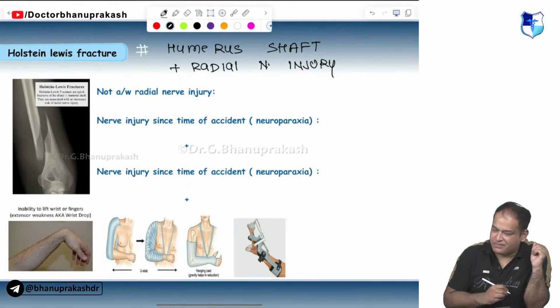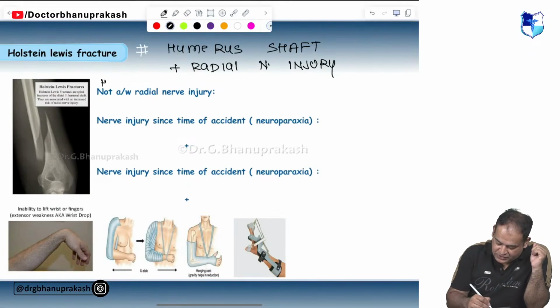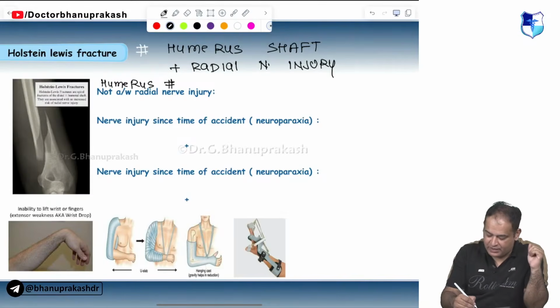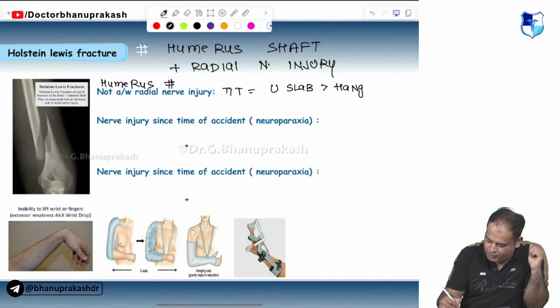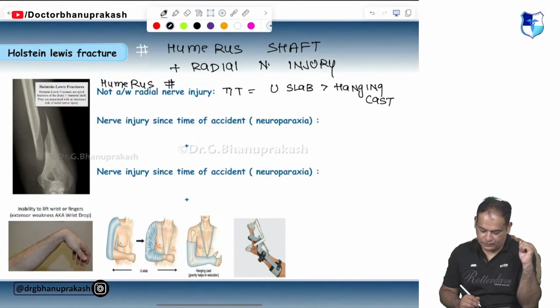Okay. Now, if the humerus fracture is not associated with radial nerve injury, what is the treatment? Treatment is U-slab, preferred over hanging cast.